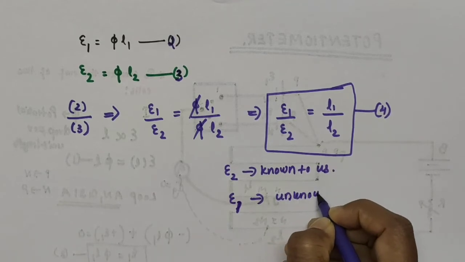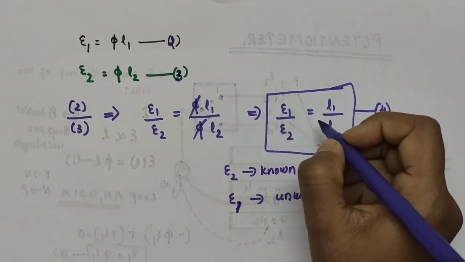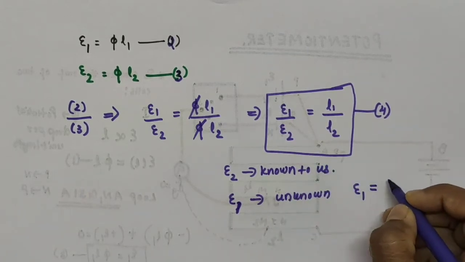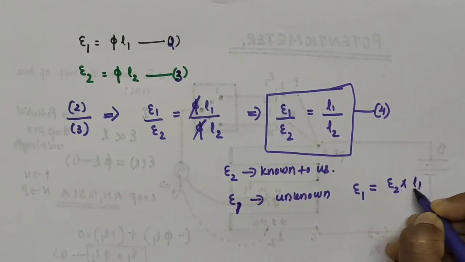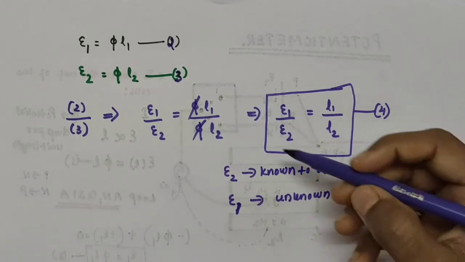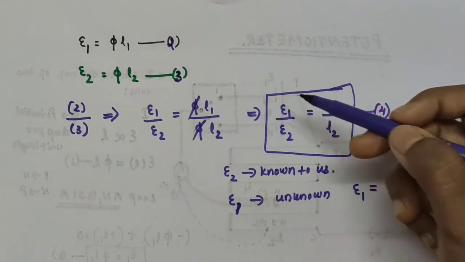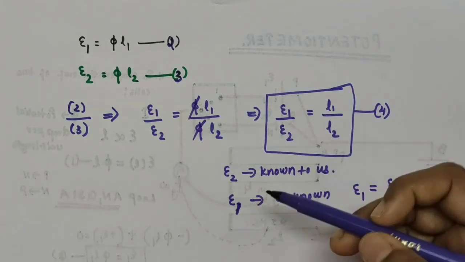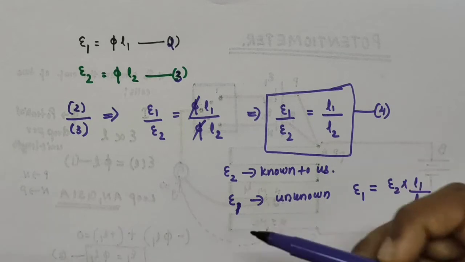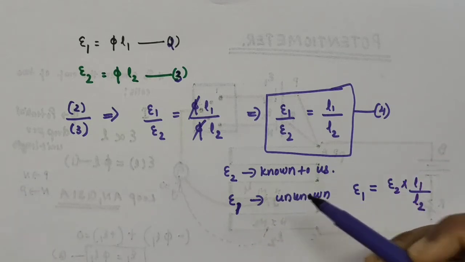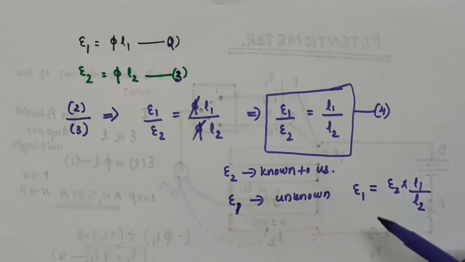We can calculate that unknown EMF by using this equation: E1 equal to E2 into L1 divided by L2. So we can compare the EMF of two cells, and we can even choose one cell as a standard one whose EMF is known to us, and calculate the unknown EMF using the same equation. Alright.